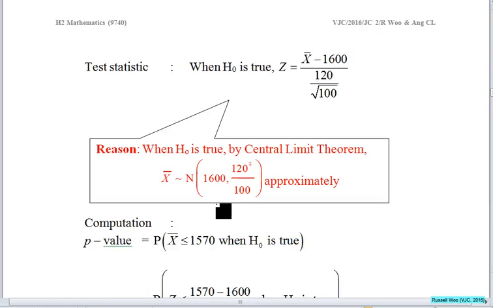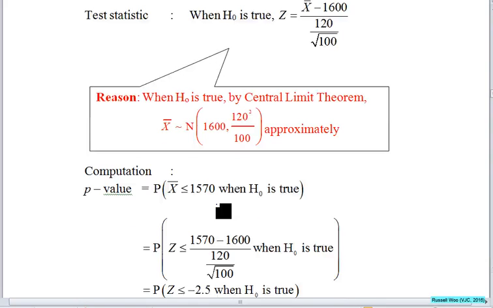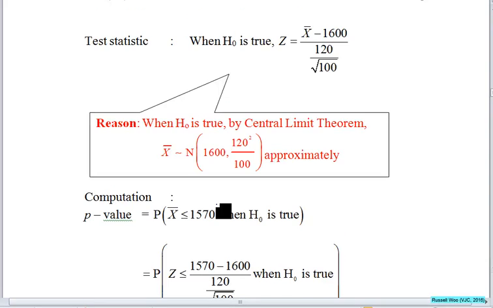Now, if this is the distribution of X bar, then you normalize X bar, you will get Z. Follow what I'm saying? Is this given? No, not given. Sorry, I should have printed for you. Does it make sense?